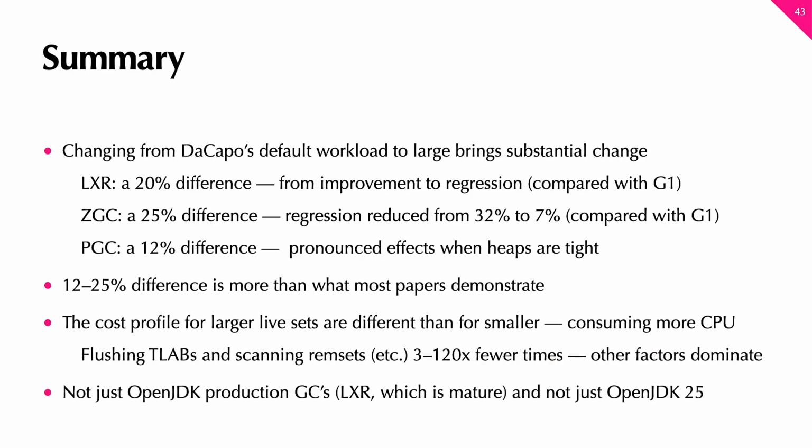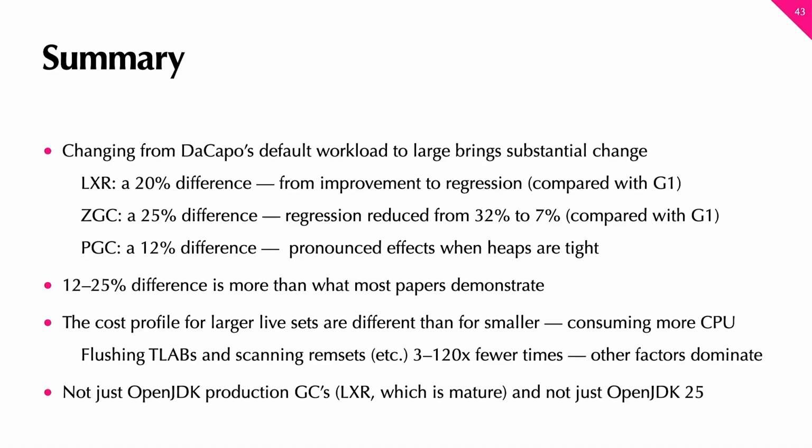So in summary, we're seeing pretty large changes when we go from default to large, right? It's a 20% difference in LXR, a 25% difference in ZGC, a 12% difference for parallel. We're seeing improvements turned into regressions and regressions turned into smaller regressions, and we're seeing some results holding up in parallel, but when heaps are tight, there are very big changes in the results.